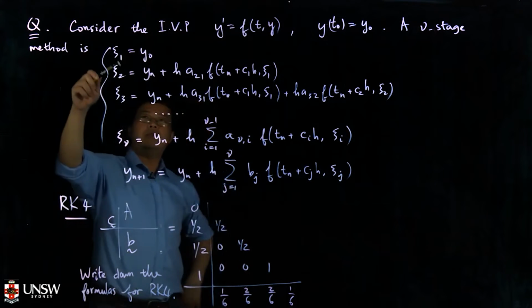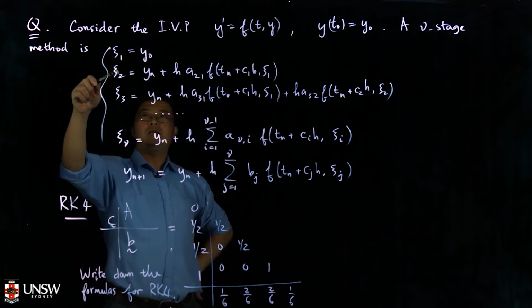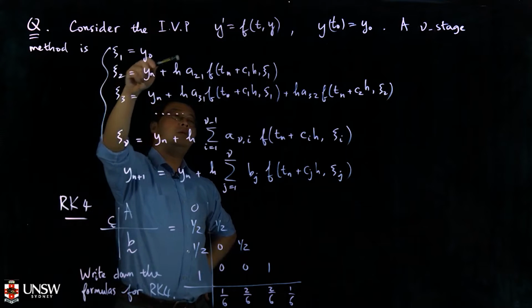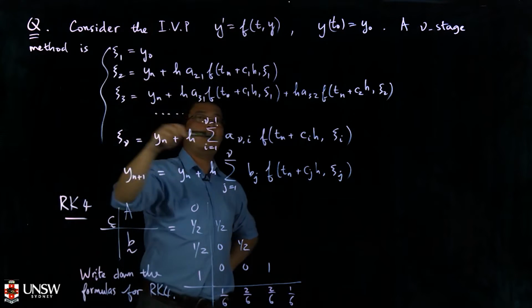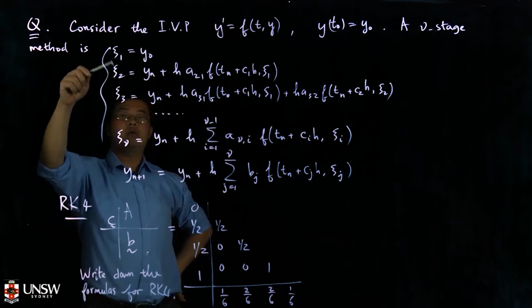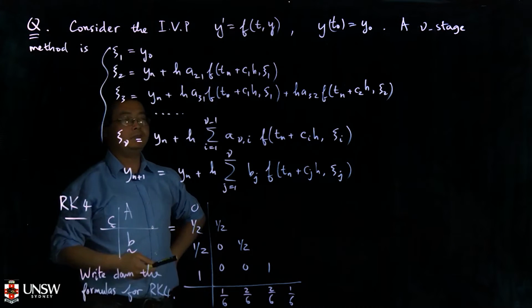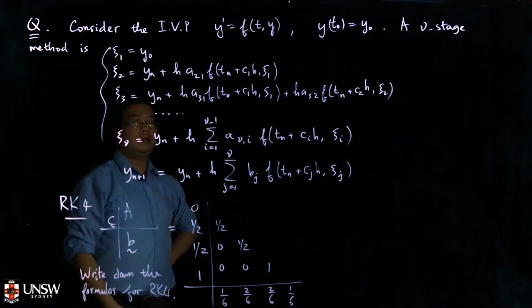Okay? And then you define xi1 based on y0, xi2 based on xi1, and xi3 based on xi1 and xi2, and so on. So essentially, you can define xi1 up to xi nu explicitly, and so this is called an explicit Runge Kutta method.